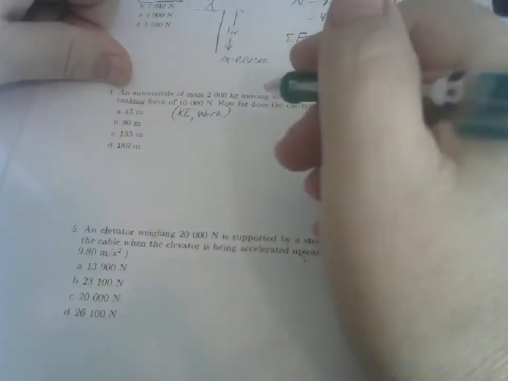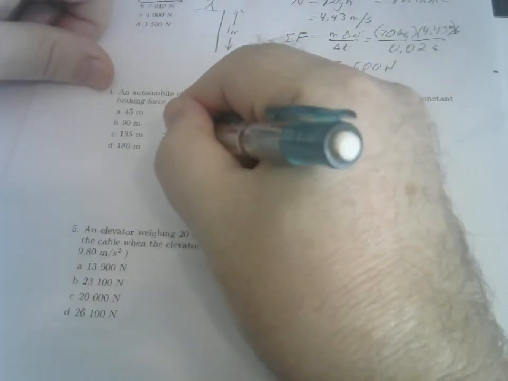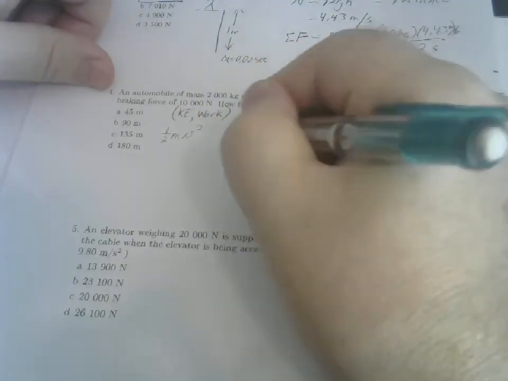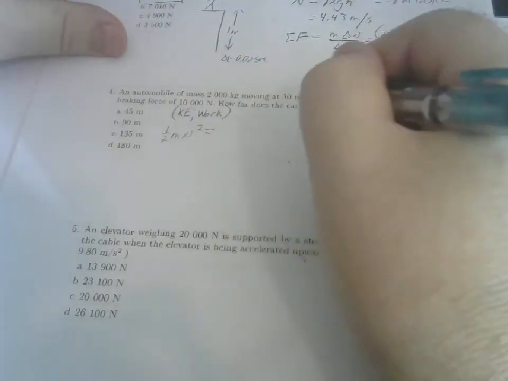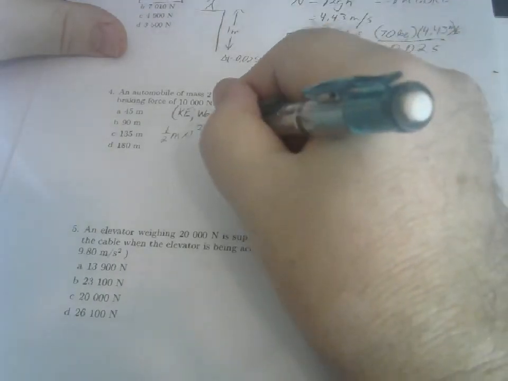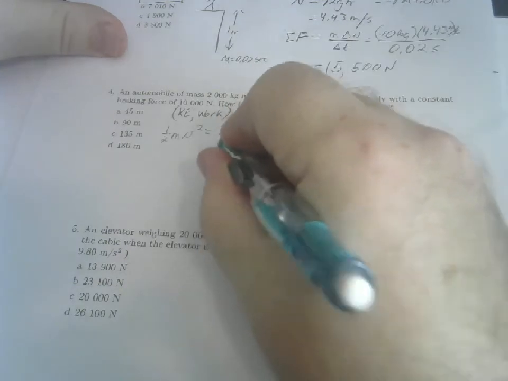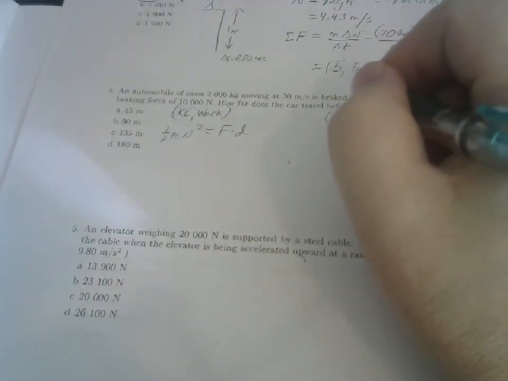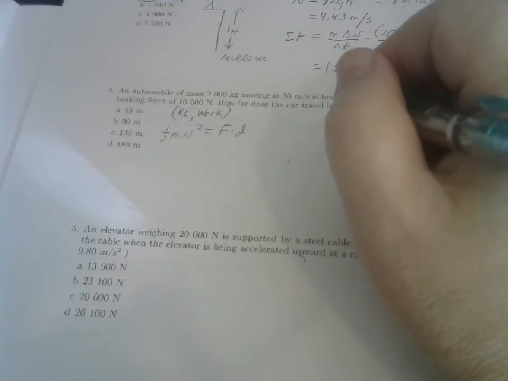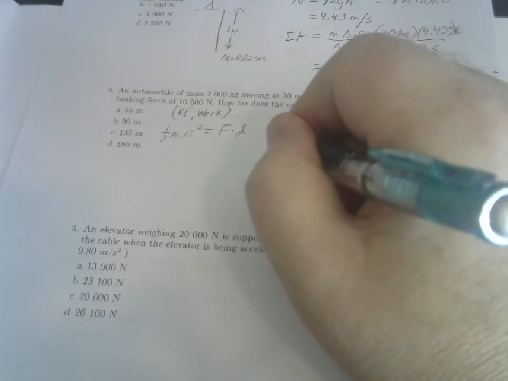If we did this one, we would have the kinetic energy at the beginning, 1/2 mv squared, equal to the work done by the friction, which would be the force times distance, which is usually mu times m times g, mu times the normal force.